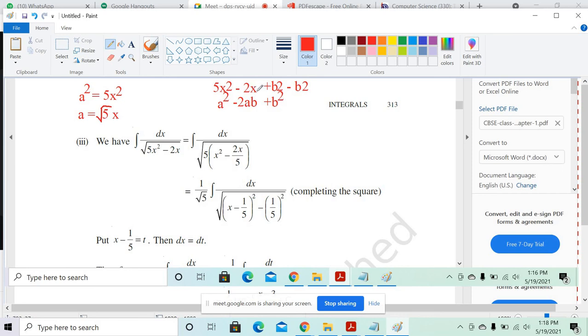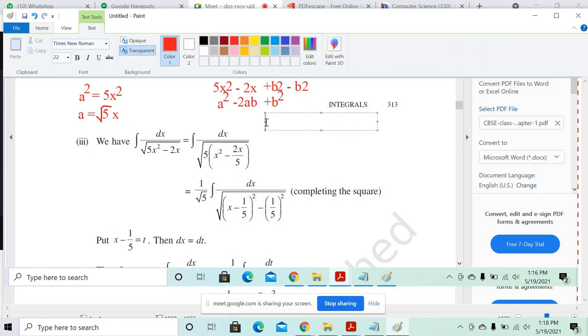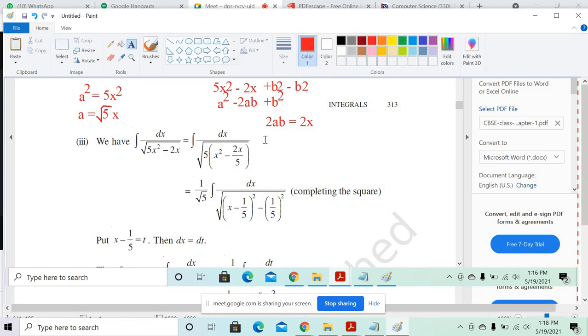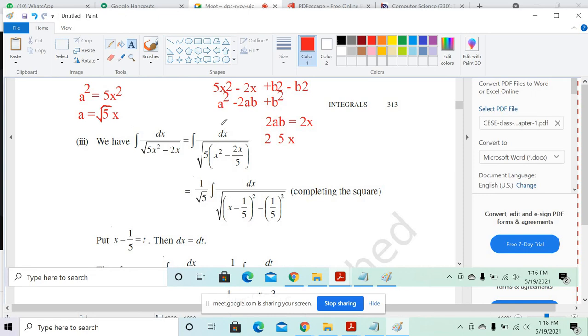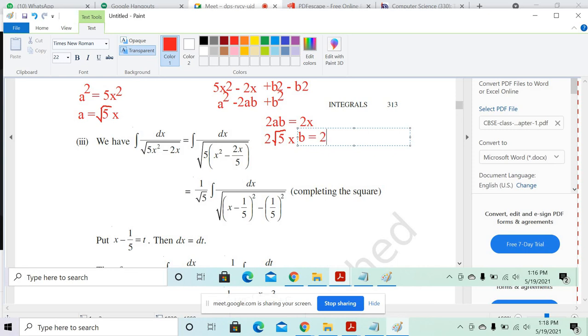Now 2ab is 2x. Now let's see what is the value of b. 2ab is equal to 2x. So what is a here? 2 into a is nothing but root 5x, correct? So a is nothing but root 5x into b, into b is equal to 2x, correct?